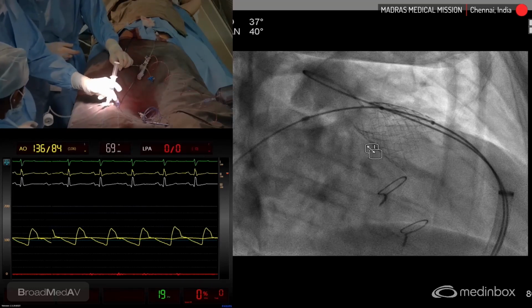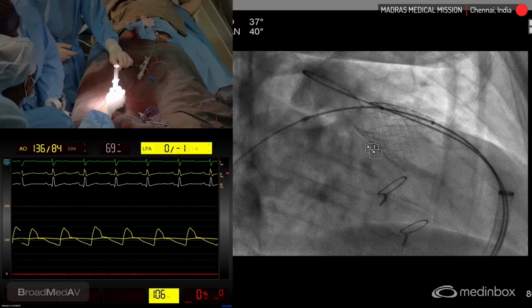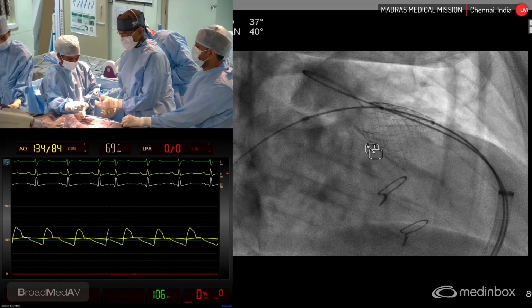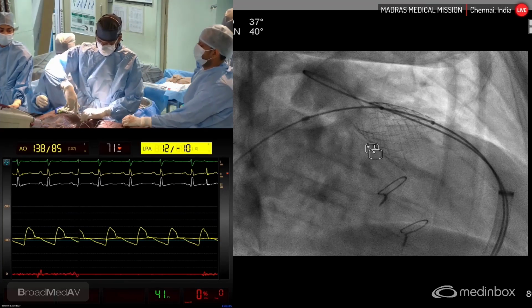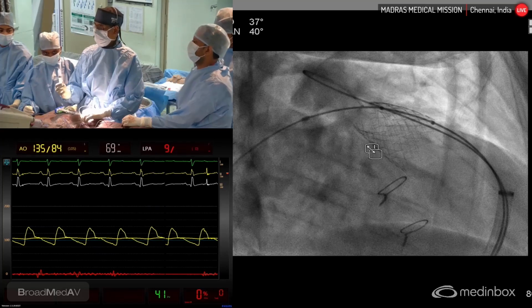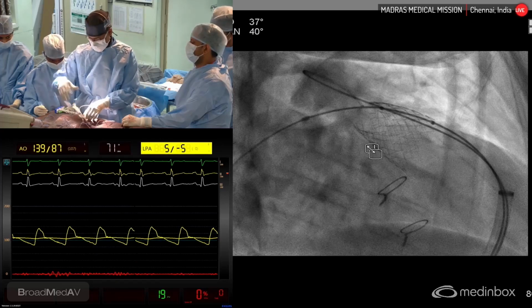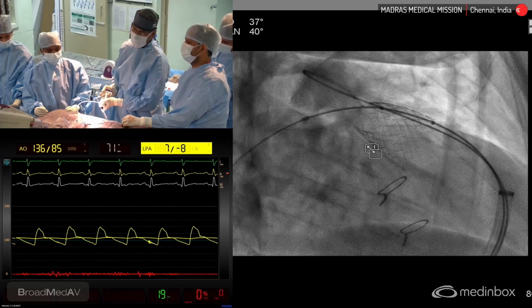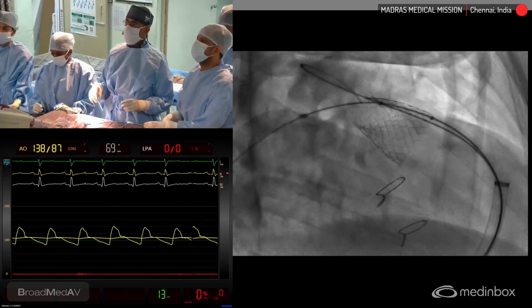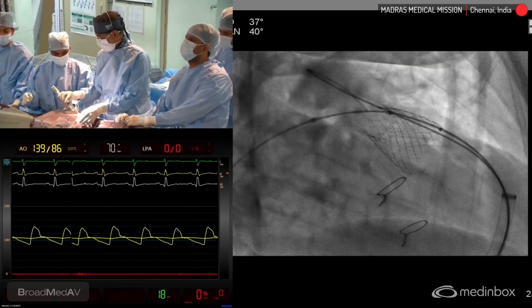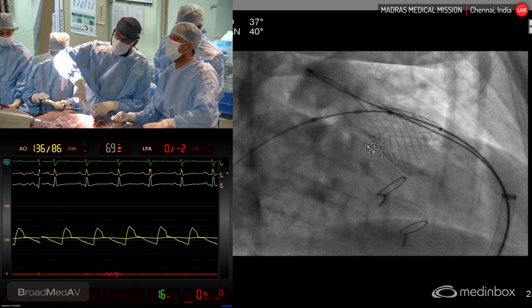So I'm de-airing this balloon, the indiflator. When I turn it around, you may have to be ready to do the inflation. Hold both together.